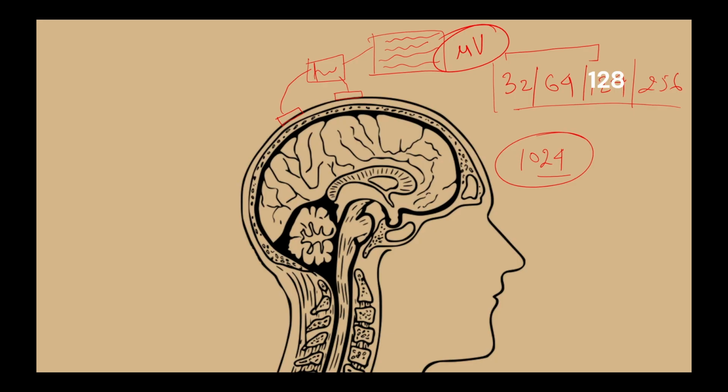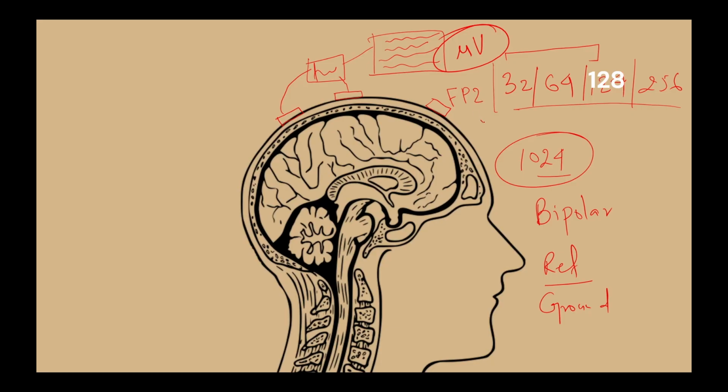The main thing is that the electrodes measure voltage differences. What do I mean by that? We use a bipolar system here, where we have a reference electrode and a ground electrode. Suppose here I have one electrode, let's say this channel is FP2.